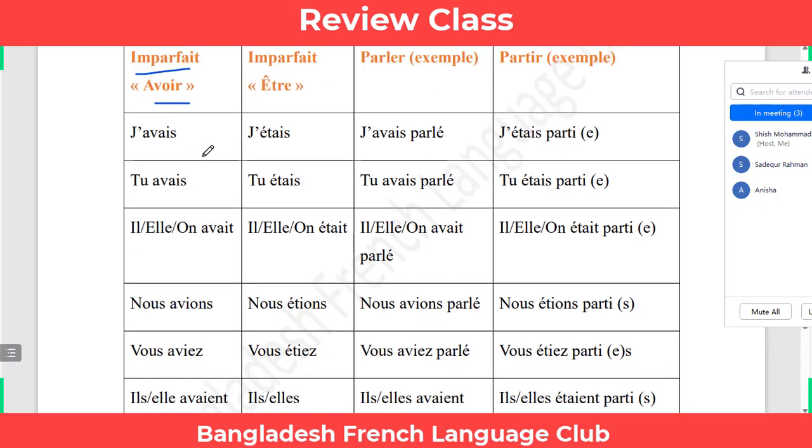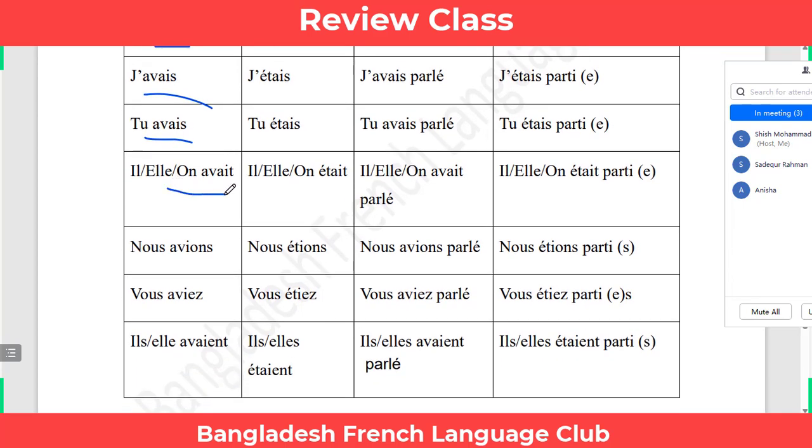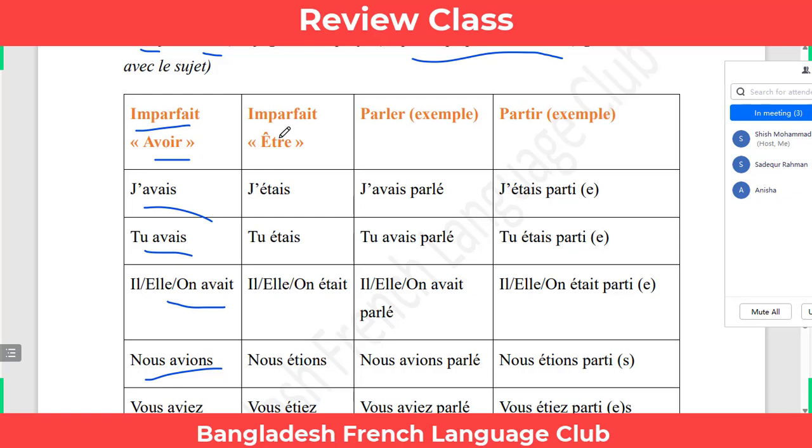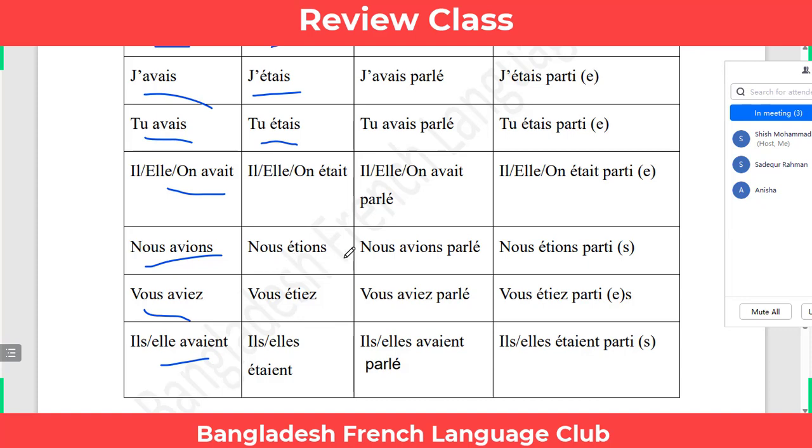This is the imperfect termination. So j'avais, tu avais, il avait, on avait, nous avions, vous aviez, ils avaient. And for être, it is j'étais, tu étais, il était, on était, nous étions, vous étiez, ils étaient.